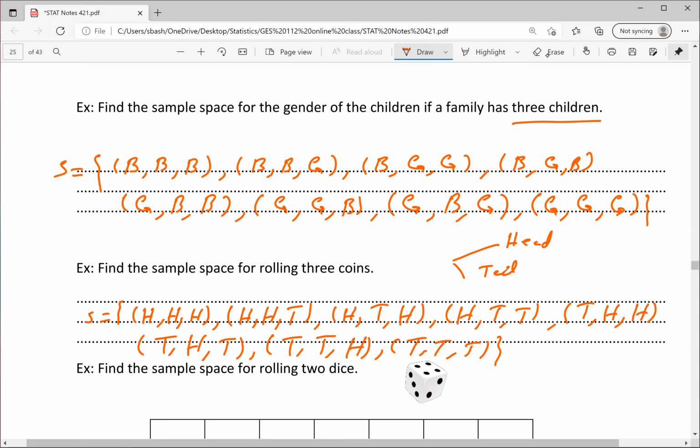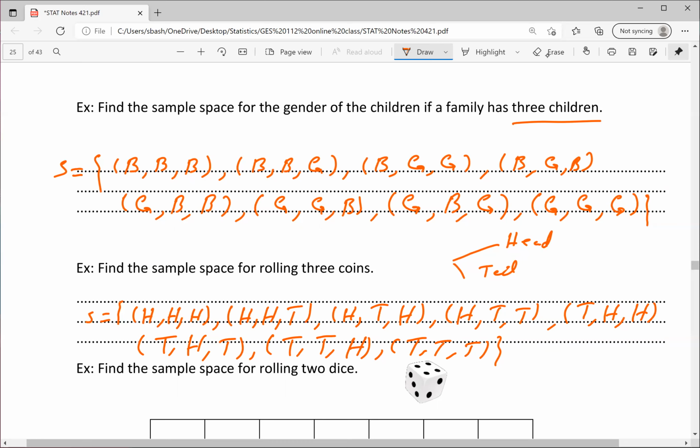So these are the possible outcomes of rolling 3 coins: either 3 heads, or at minimum 2 heads and 1 tail, or just a combination of the possible outcomes for each one of them. And you can see that we have 8 outcomes.